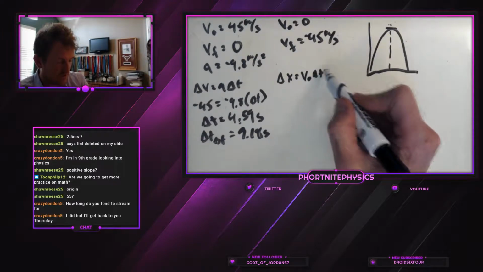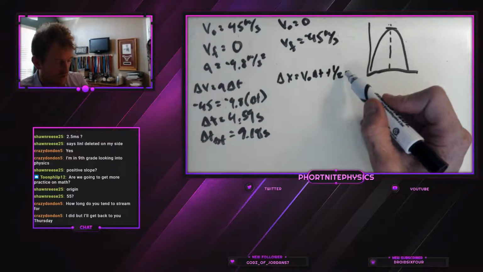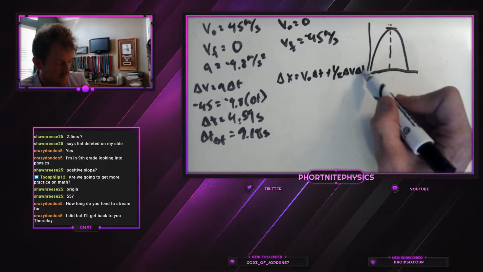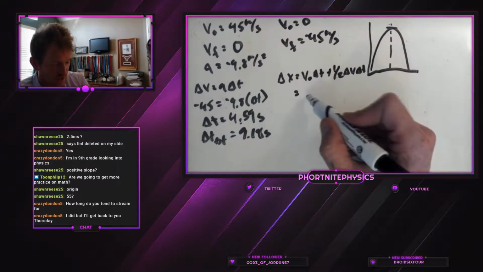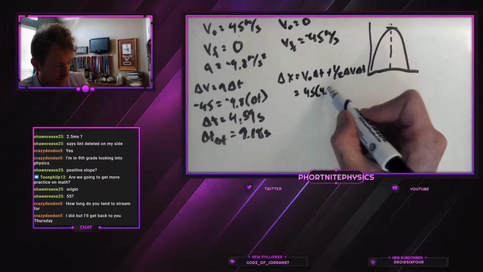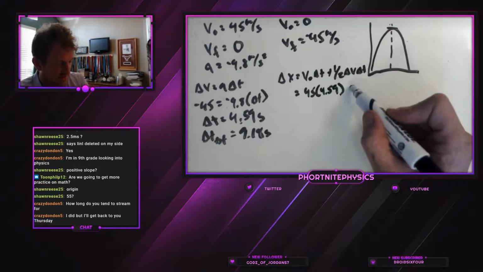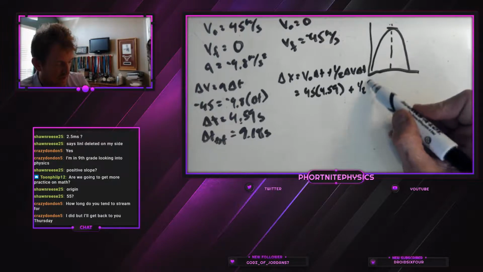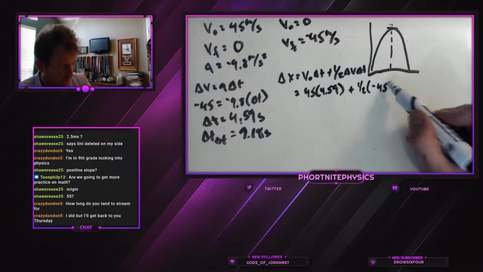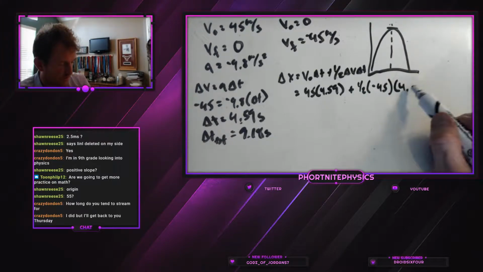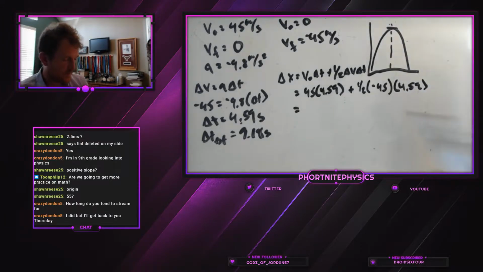So initial velocity times time plus 1/2 delta v delta t, right? Our initial velocity is 45, and we know that it rises for 4.59 seconds. Plus 1/2 negative 45 multiplied by 4.59 seconds.